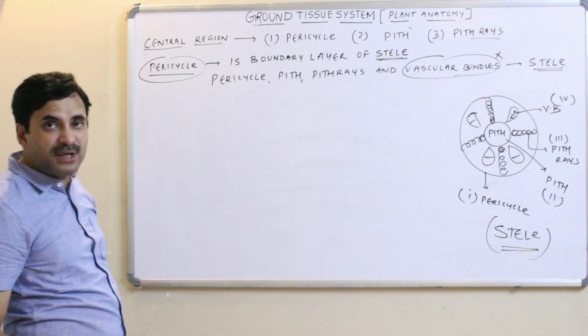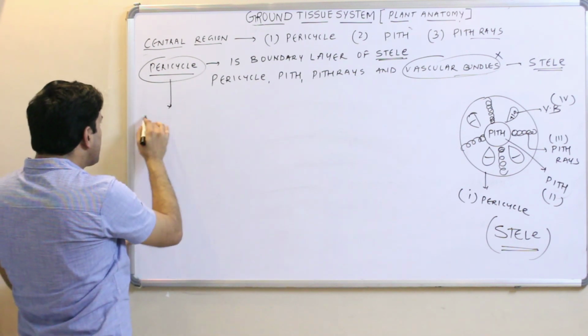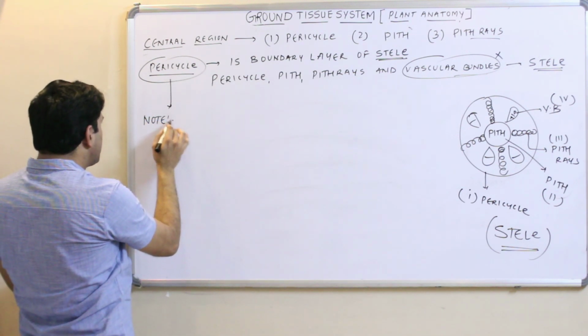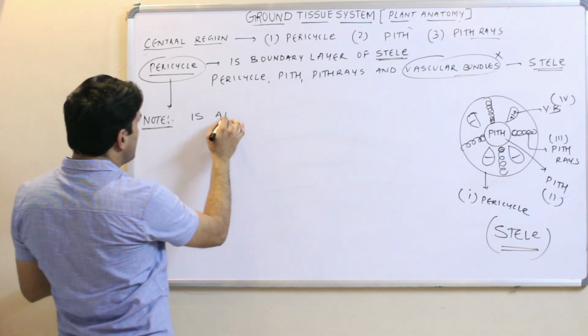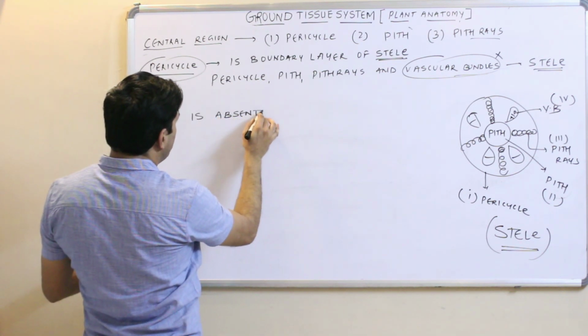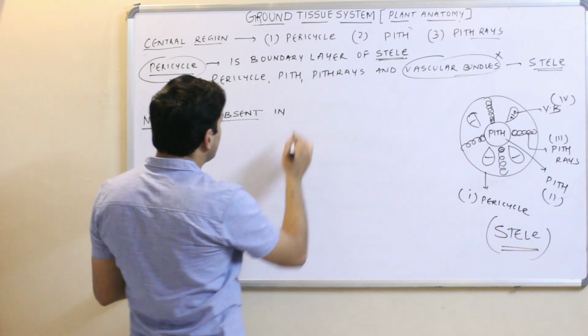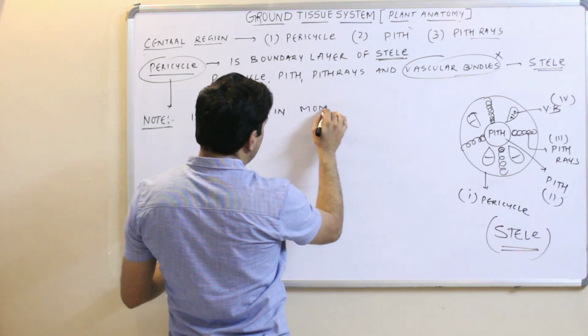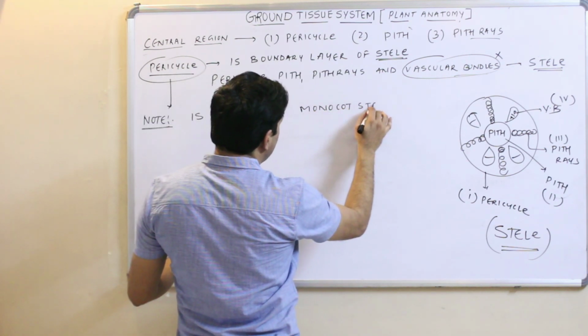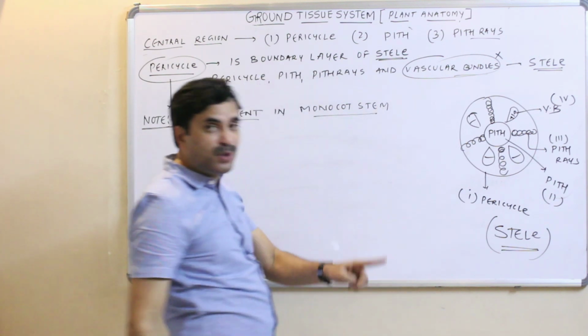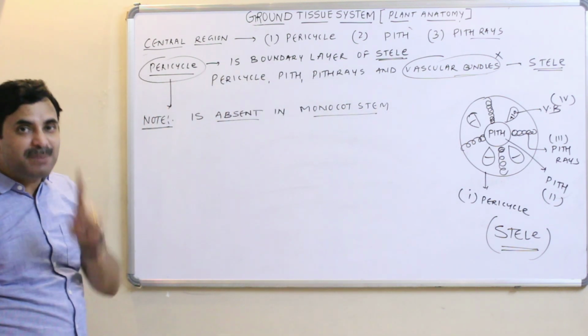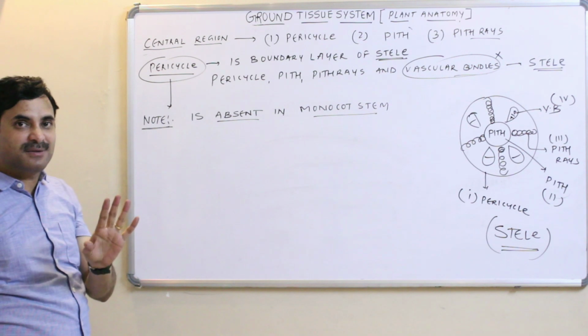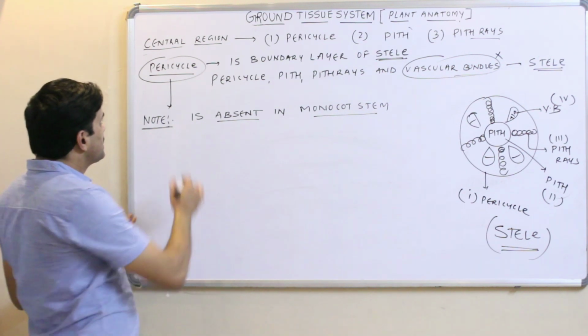Now pericycle is the boundary layer of stele. The key thing to be noted here is that pericycle is absent in monocot stem. As you know very well that in monocot stem, endodermis, pericycle, pith and pith rays are absent. Okay, you have to remember this thing.